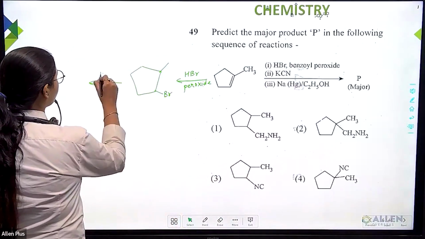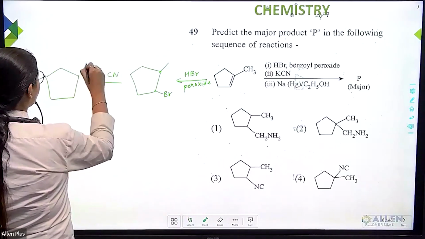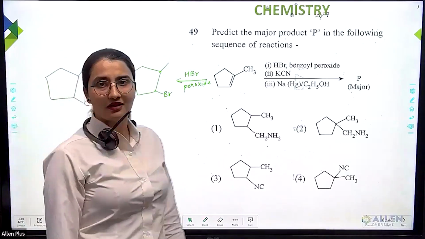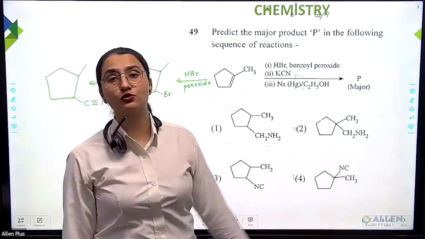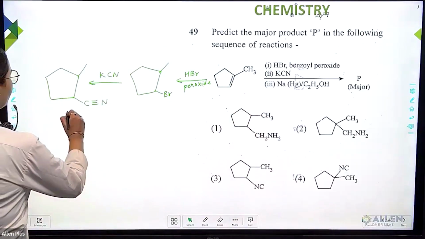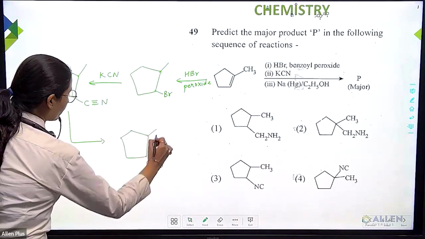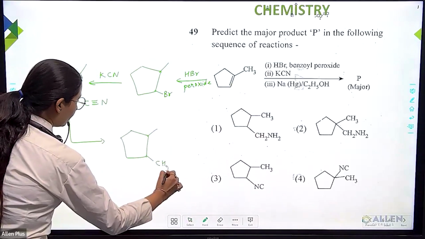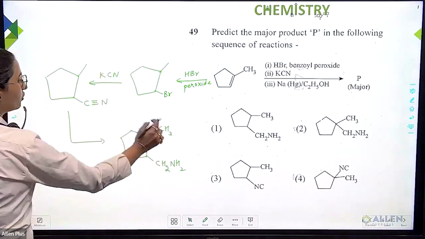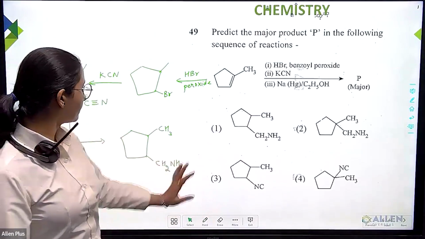KCN will cause what? Substitution. So students, instead of Br, CN would be substituted. Next, what is this? This is a reducing agent. So what will it be doing? It will be reducing cyanide. So upon reduction, what is our product? It gives you CH2NH2, and this is a methyl group. Correct? So the option is 1.